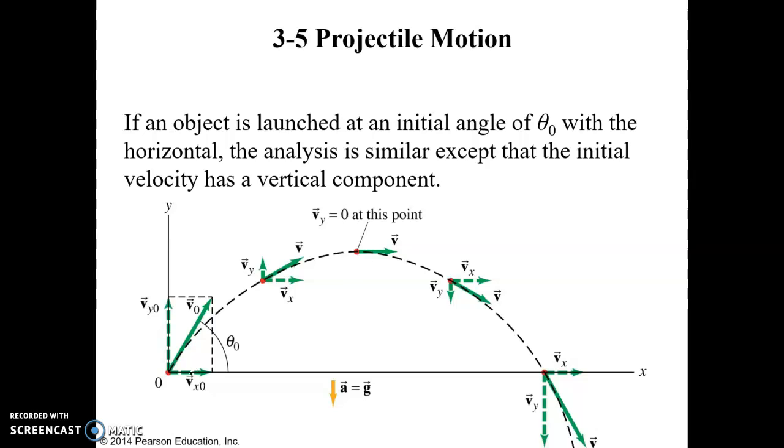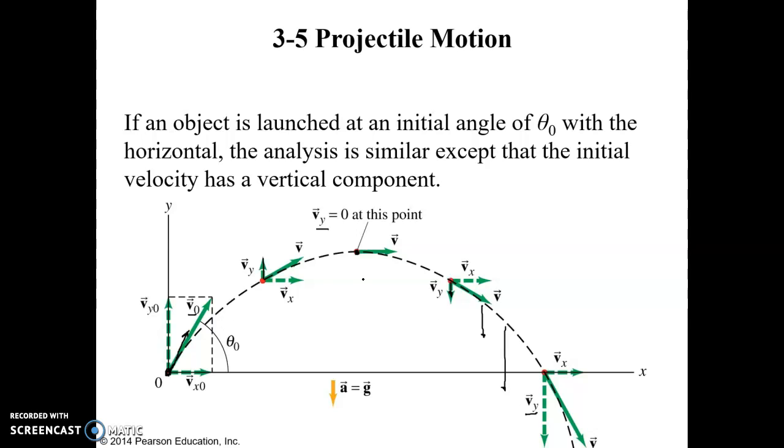So if we launch this projectile with this v naught, this initial velocity, that has both a y and x component, over the path of its trajectory, this vertical velocity is going to get smaller and smaller until it is actually 0 at the peak of the path.